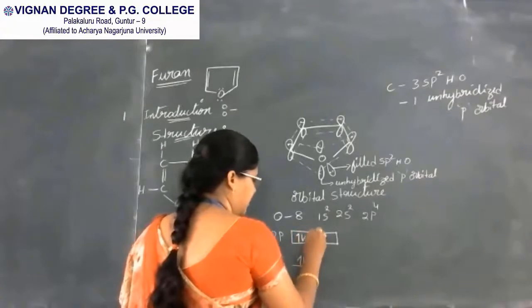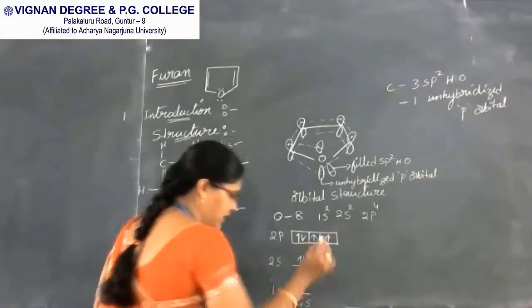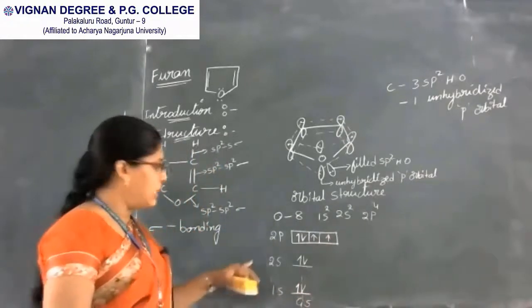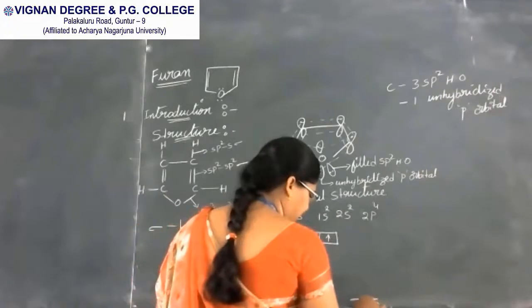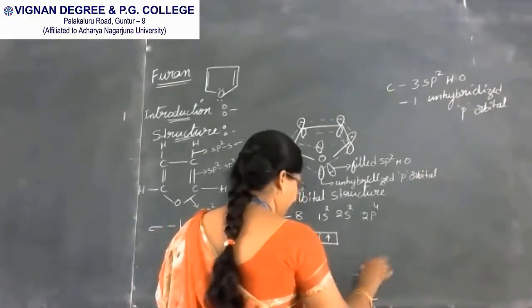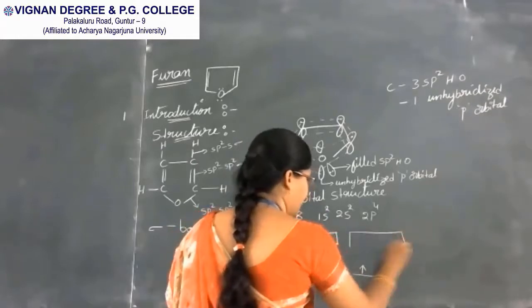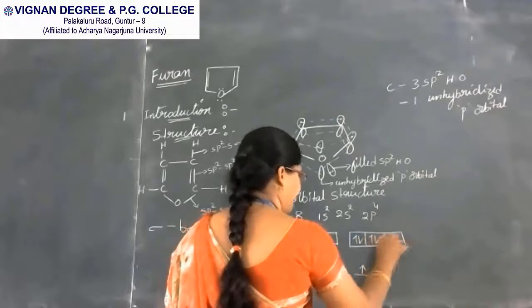This is the ground state electron configuration of the oxygen atom. In the excited state, 1s contains 2 electrons, 2s has only 1 electron, and 2p has 5 electrons.